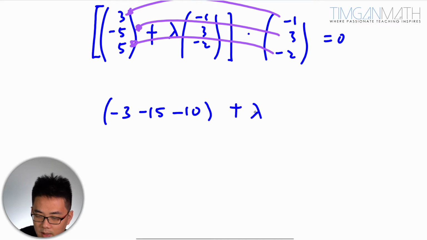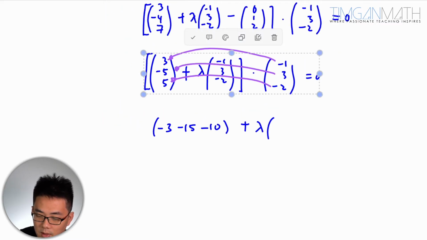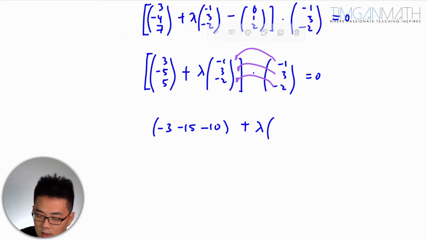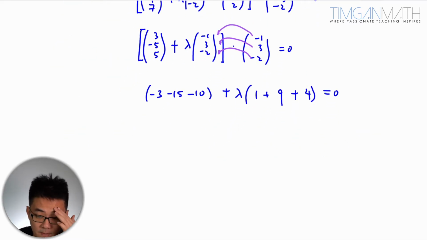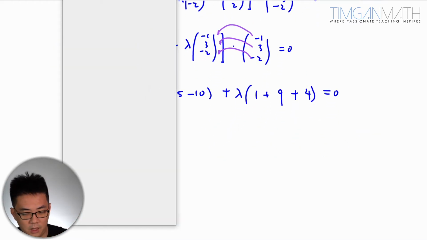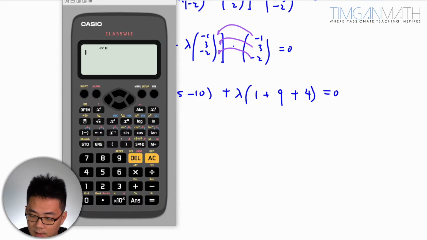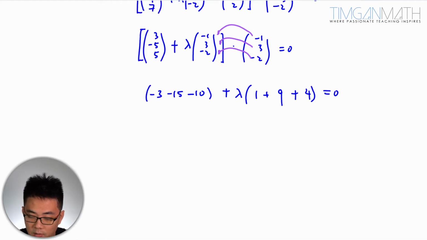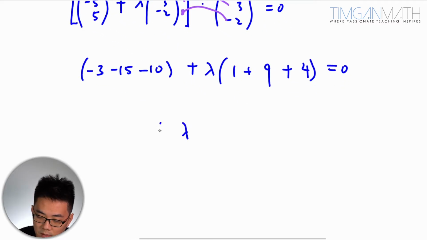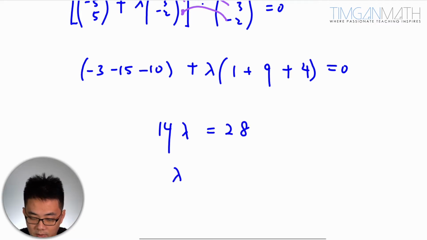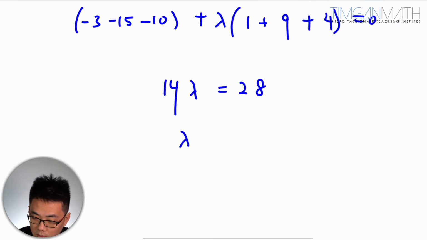Then plus lambda, dotting the other one with itself, which is 1 plus 9 plus 4, equals 0. Key in the calculator and you'll get lambda. Negative 3, negative 15, minus 10 is negative 28, so 14 lambda equals 28. Lambda is 28 divided by 14, which gives us 2.